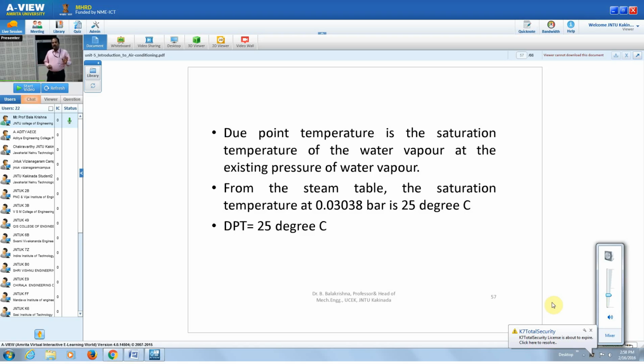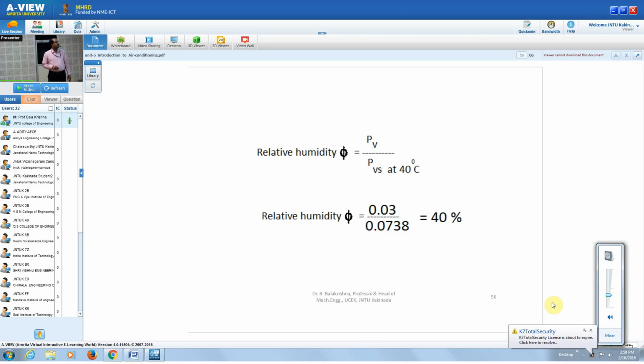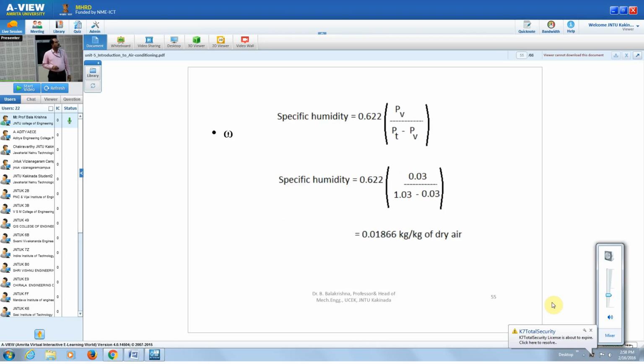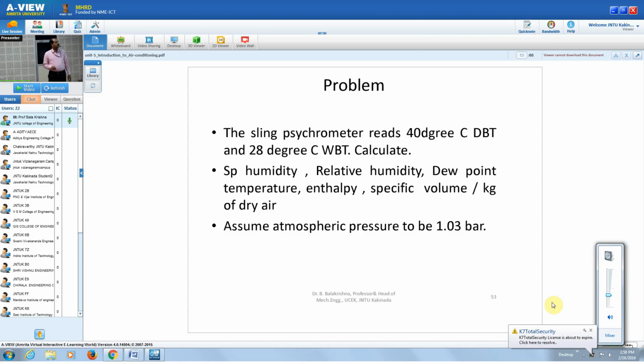Come to the problem again. So you practice at home. You take this psychrometric chart, locate the point where 40 degrees dBT and 28 degrees WBT coincide, and that is the reference point you take.